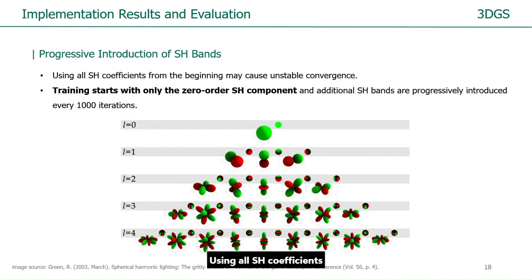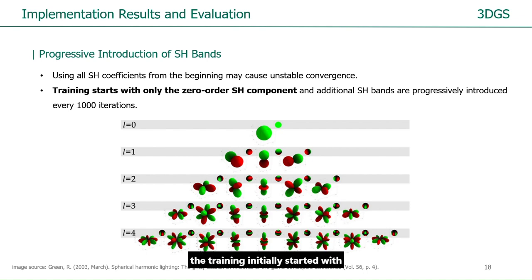Using all SH coefficients from the beginning may lead to unstable or inaccurate convergence. In particular, when some viewing directions are missing in the captured images, the optimization may produce incorrect values even for the zero-order SH component.